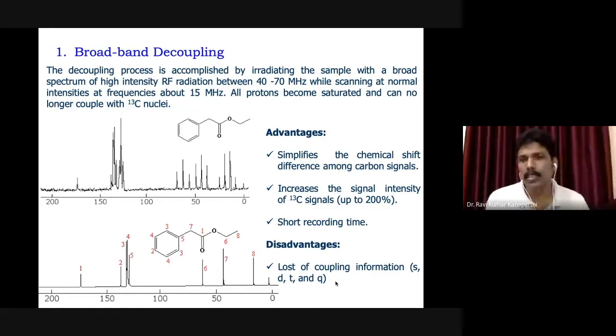Okay, so this is really helpful to confirm certain aspects with regard to the molecular structure of a compound, which is already proven in the proton NMR spectroscopy.